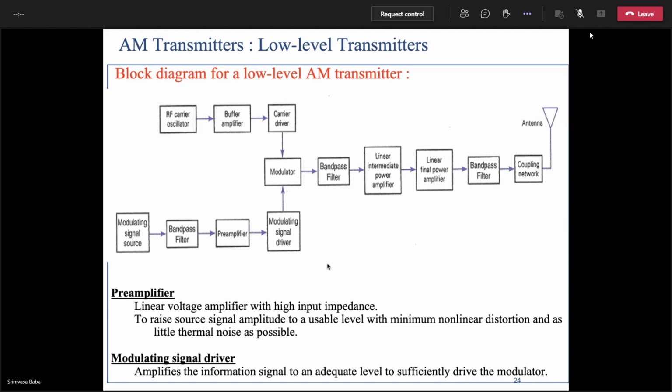The lower cutoff frequency is FC minus FM, and the upper cutoff frequency is FC plus FM. Those frequencies are allowed through the band pass filter, so that we limit the amount of noise. The rest of the noise we eliminate here itself.